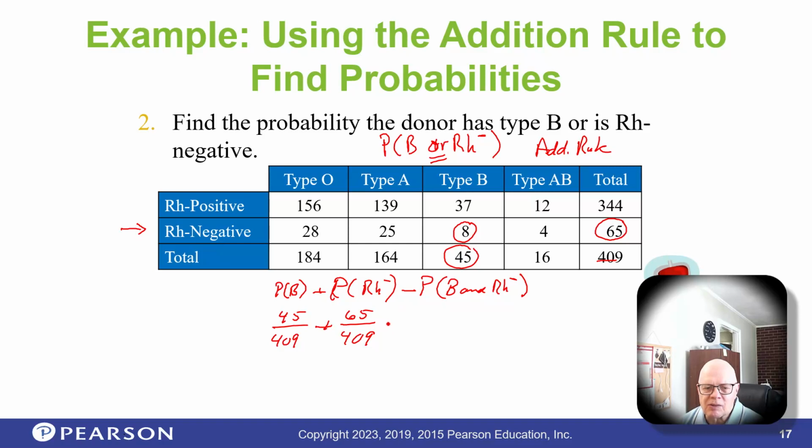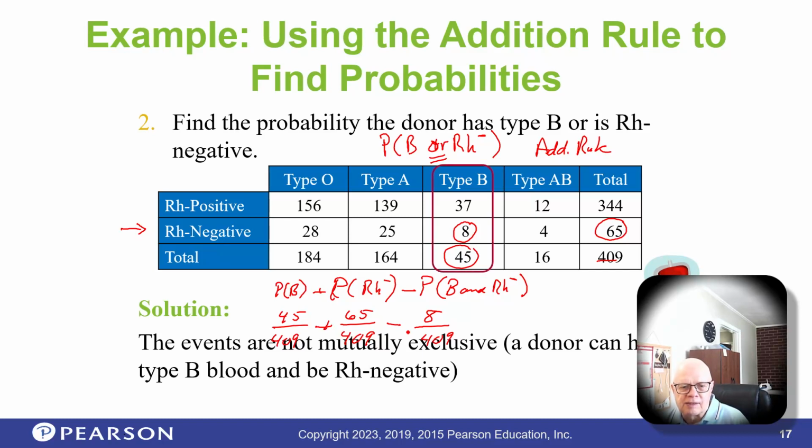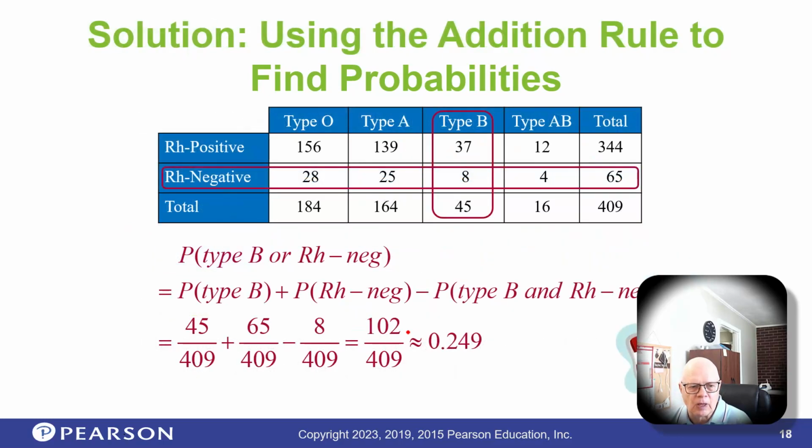So we're going to have to subtract it out. Subtract the 8 over 409 that we added twice. Since they're not mutually exclusive, we're going to use the addition rule and we're going to be subtracting. So there's the total, and we've got a decimal with that too.